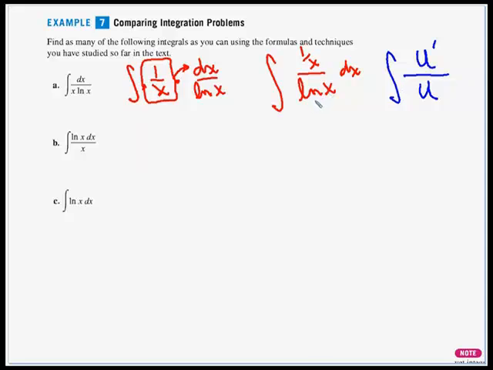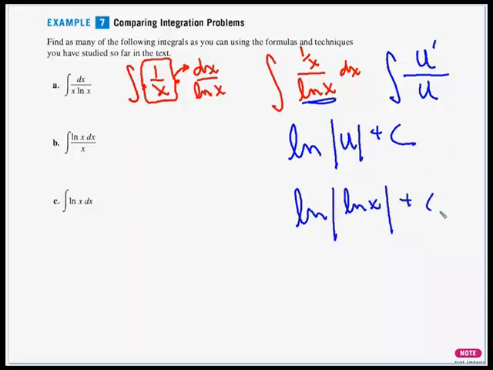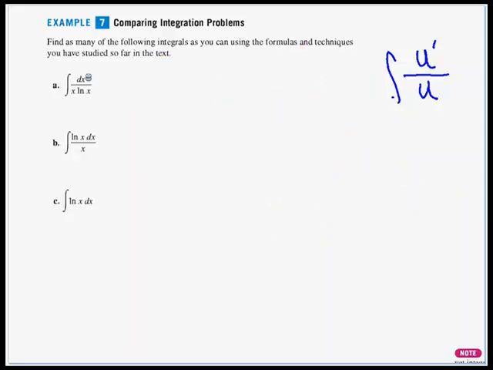When we take that antiderivative, it's going to be the ln of that denominator plus c, or the ln of the absolute value of the ln of x plus c. Let me rewrite that without all the scratch work in the way. The ln of the absolute value of ln of x plus c.